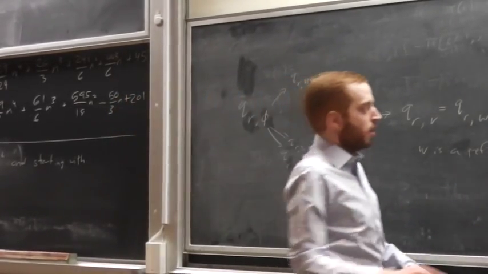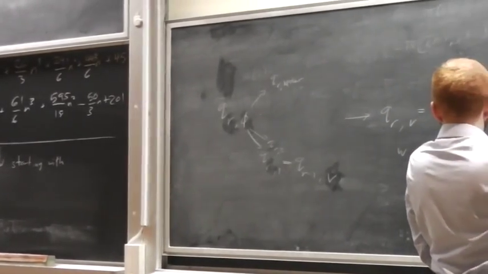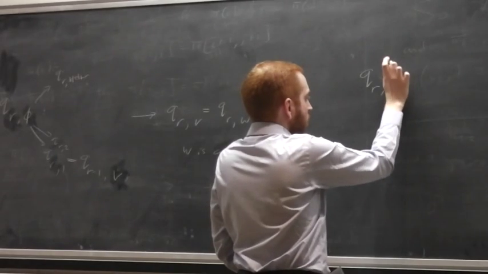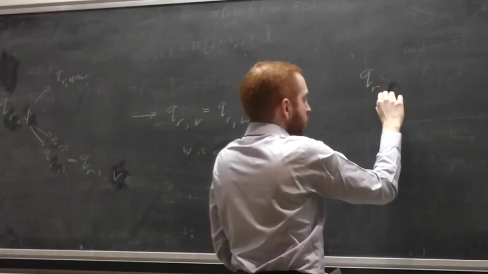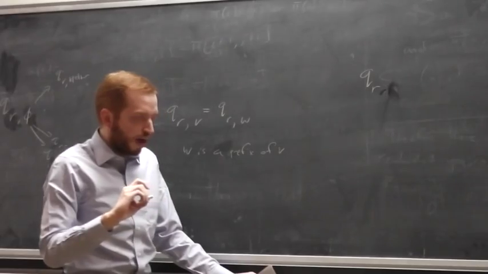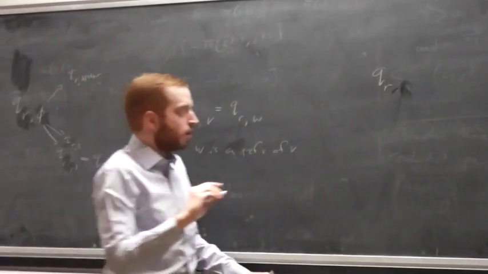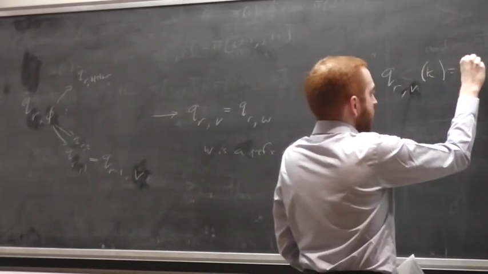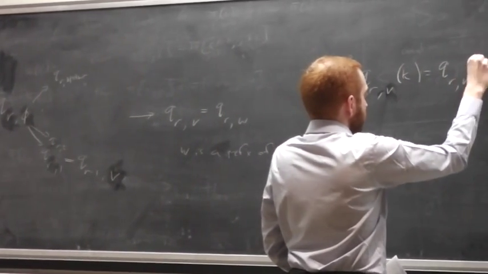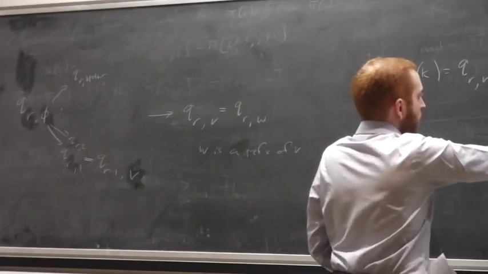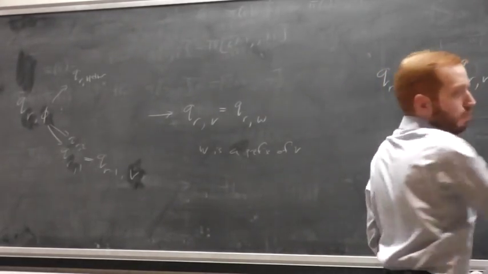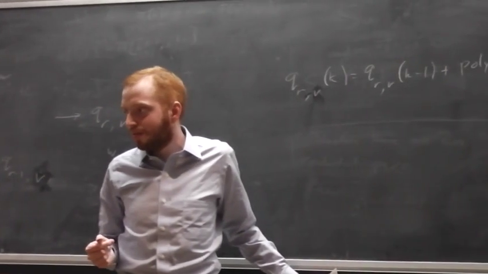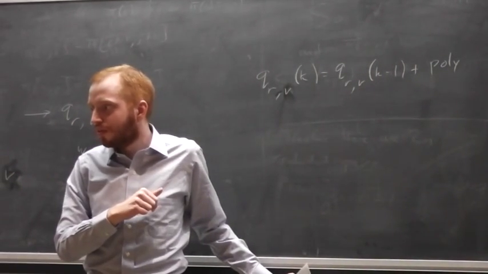But if you have a recurrence where Q, R, V of k equals Q, R, V of k minus 1 plus polynomial stuff, then the solution to this is guaranteed to be polynomial. That's by the theory of linear recurrences.